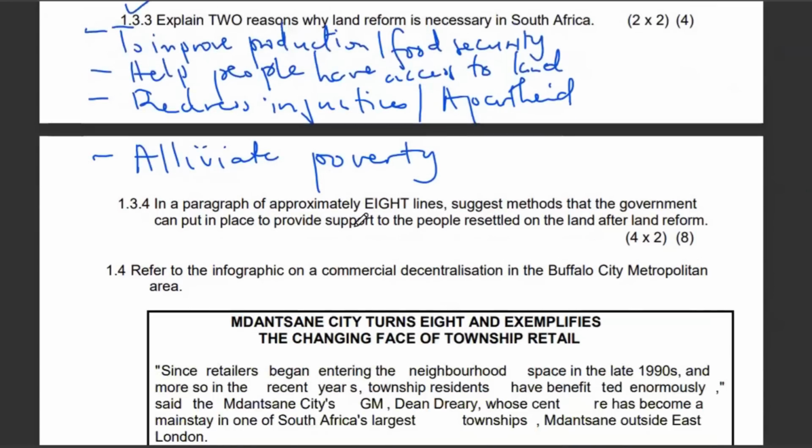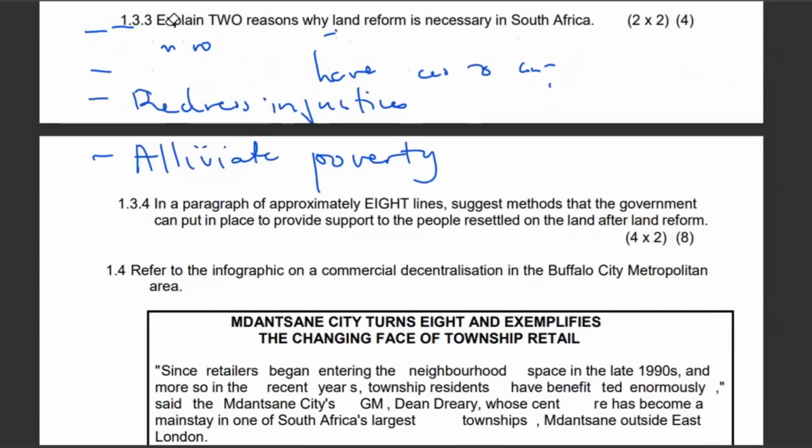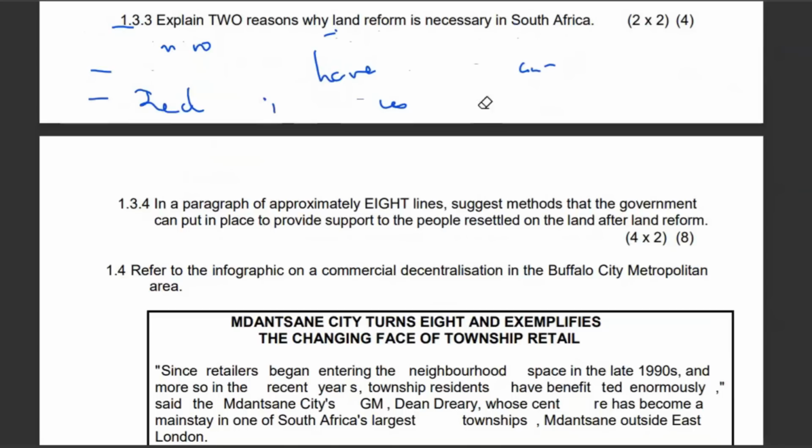I will try to illustrate the responses here. I will erase this part and utilize it for questions 1, 3, 4. Try to find out measures on what the government can do as a way of supporting the beneficiaries of land reform. Right. This is the response for questions 1, 3, 4.